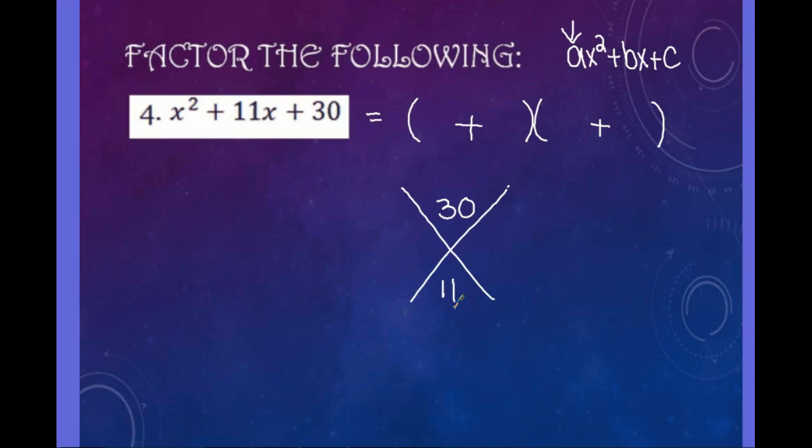It's like yesterday, but in reverse. Yesterday I gave you the numbers, you multiplied to get this, and added to get that. Now we have the multiple and we have the addition. So what 2 numbers multiply to give me 30 and add to 11? 5 and 6. So as factors, this is x plus 5, x plus 6.